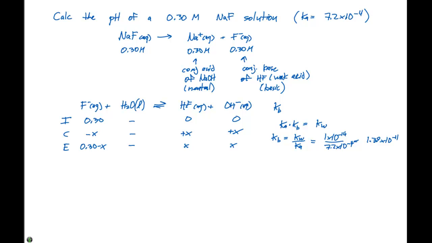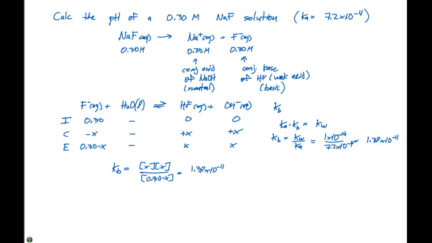So we can now set up our Kb expression, which is equal to the concentration of X times the concentration of X divided by 0.30 minus X, and that's going to equal 1.39 times 10^-11.